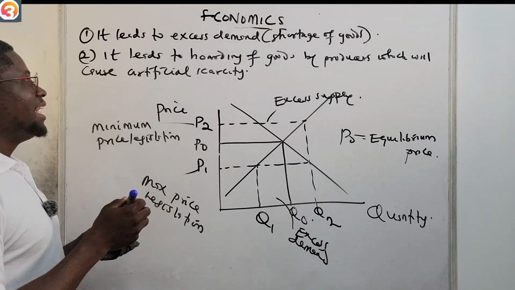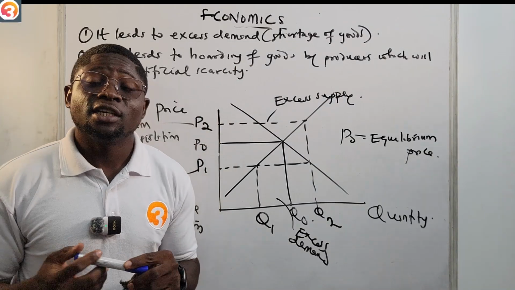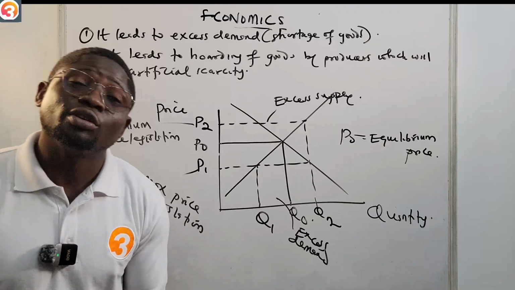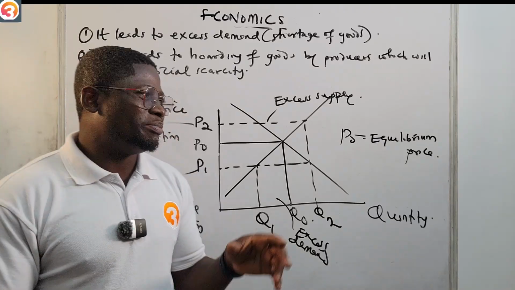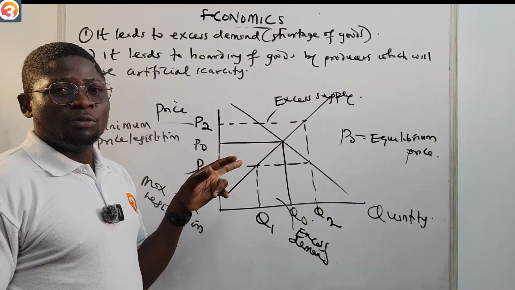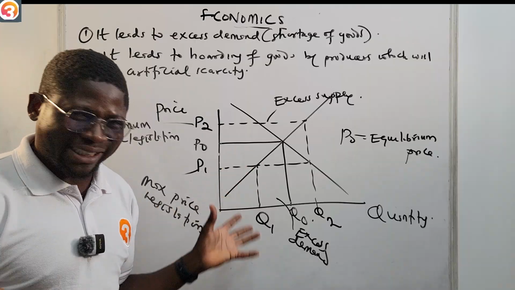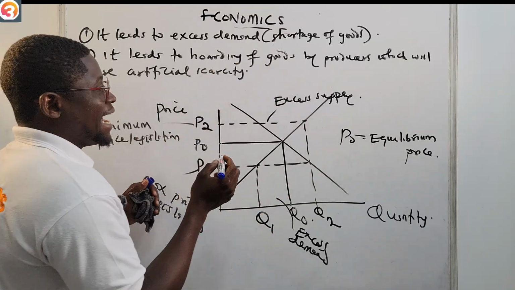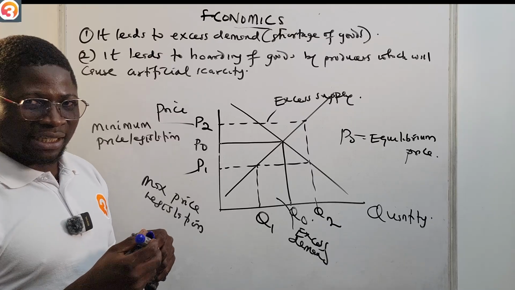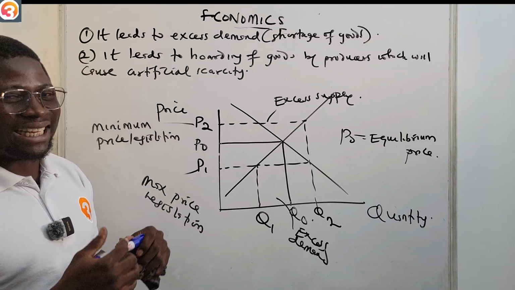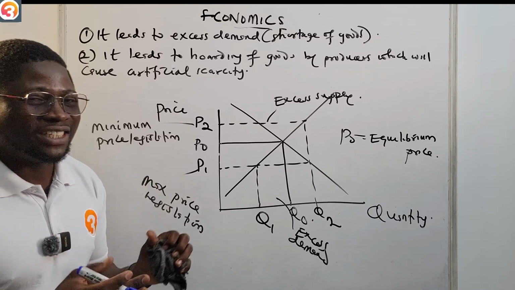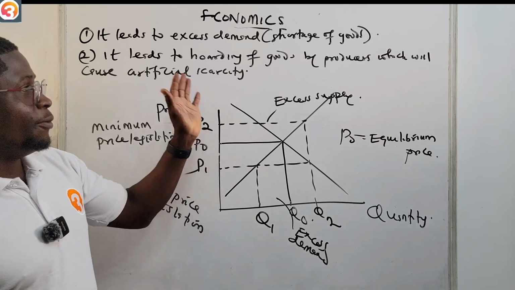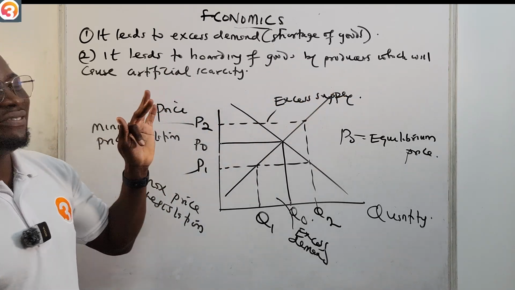They already produced it, but they will not supply it because the price does not favor them yet, so they will hoard it. They will make it scarce. They will create a kind of artificial scarcity.